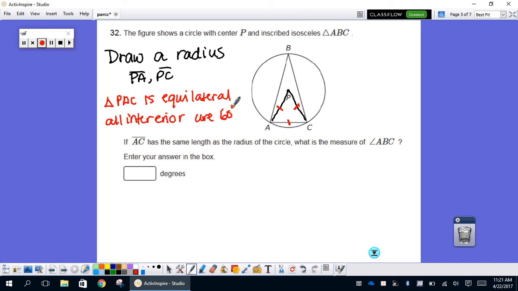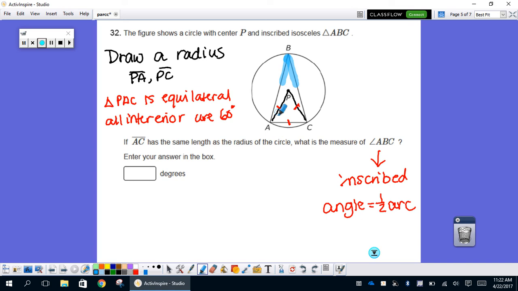So if the question says, what is the measure of angle ABC, which happens to be an inscribed angle, which means the angle is half the arc, we need to find the arc.